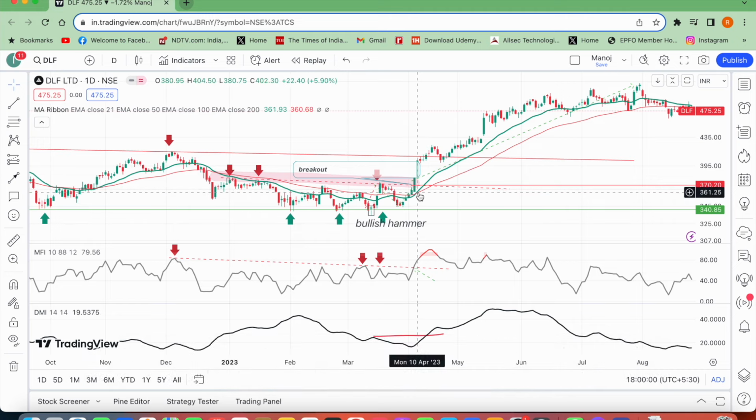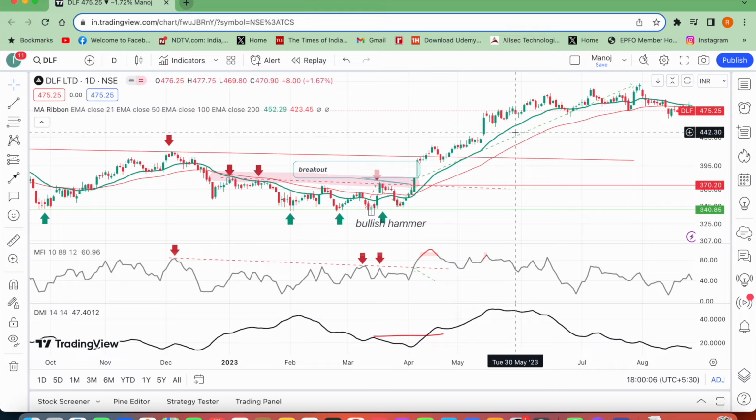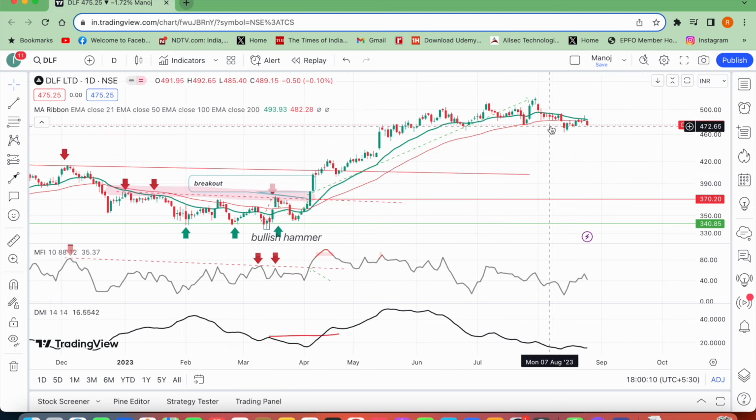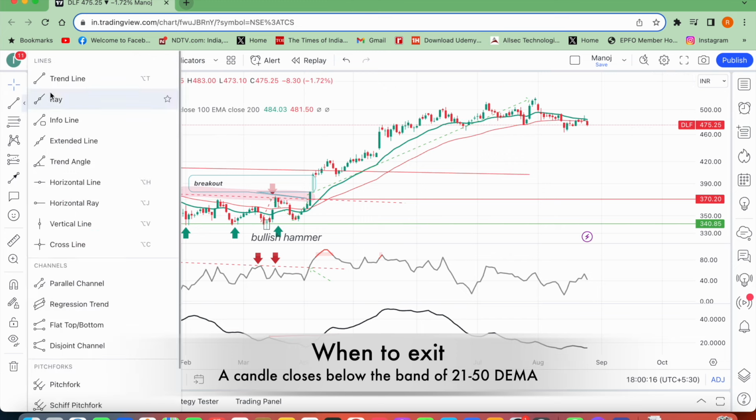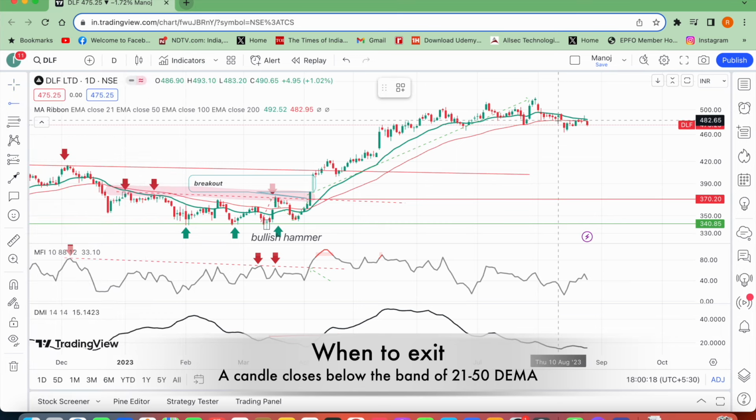This is another confirmation for me to enter into this trend, and I can ride this trend until I get a candle that closes below this band of 21 and 50, and that price point came over here when it closed below the 50-day moving average.